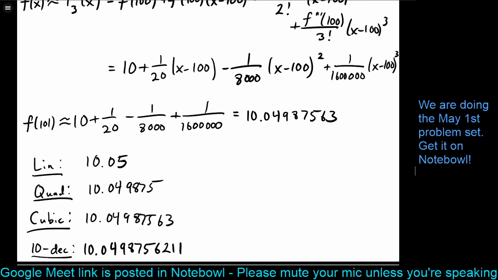Compare the approximation at 101 with the approximation at 104, 107, 110, and see how the precision changes.